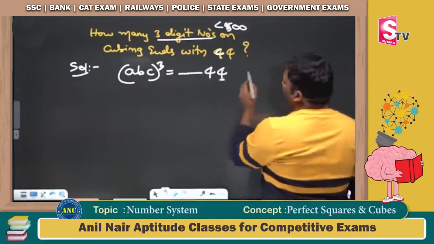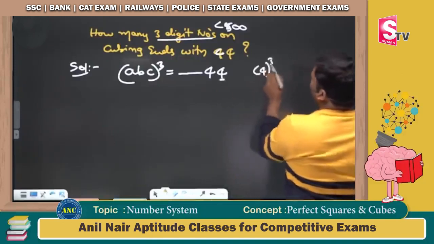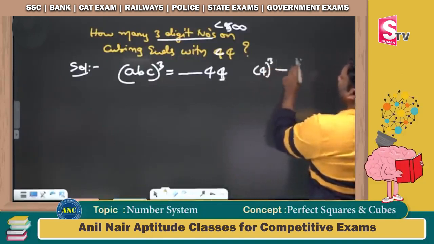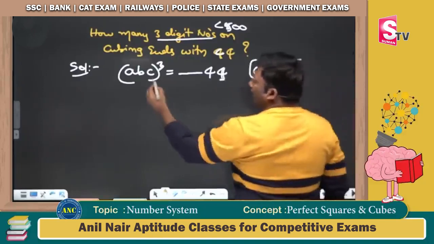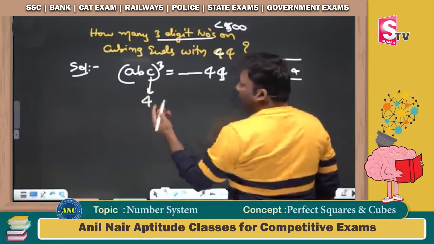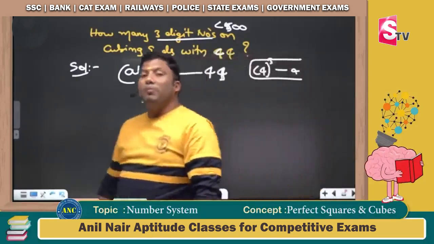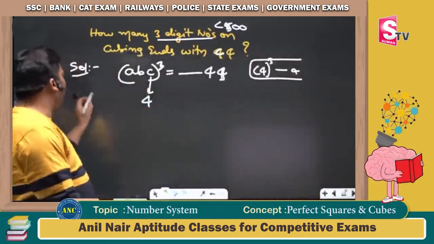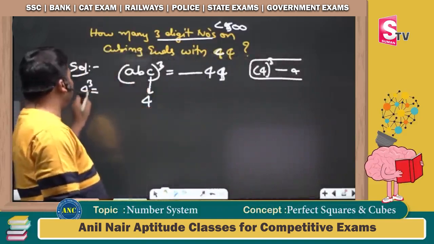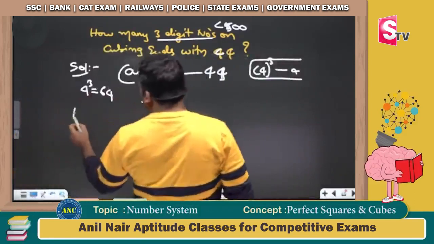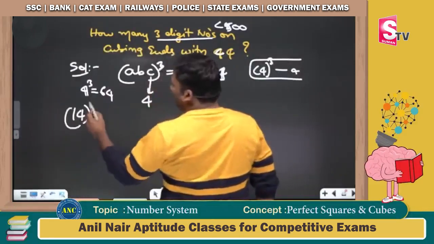Because this ends in 4, we know that only a number ending in 4 will give you 4 at the end when cubed. So the unit digit on the left-hand side is 4. 4 cube is 64. Suppose I take the next number, 14 cube.